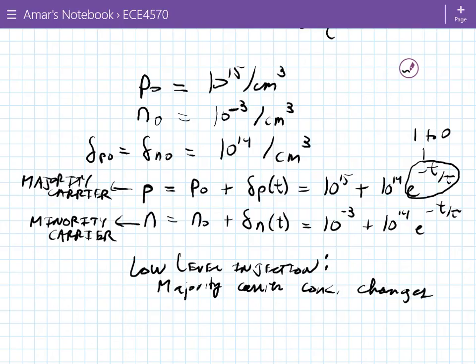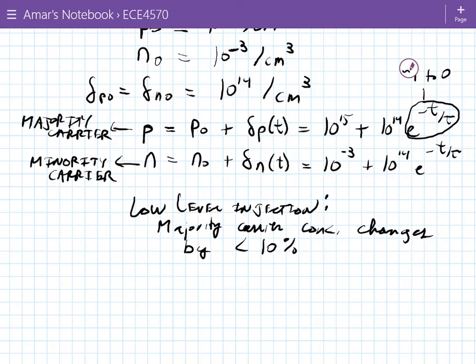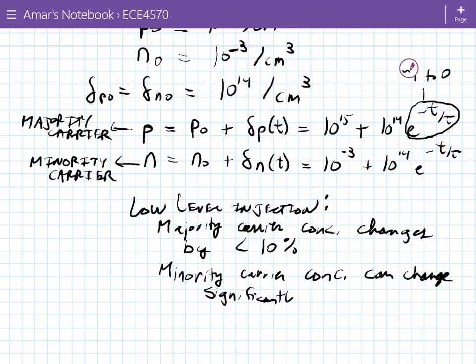So let's say it changes by less than 10%. But the minority carrier concentration can change significantly. So this is the definition of low-level injection.